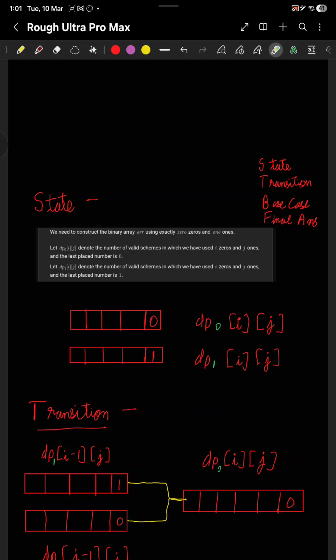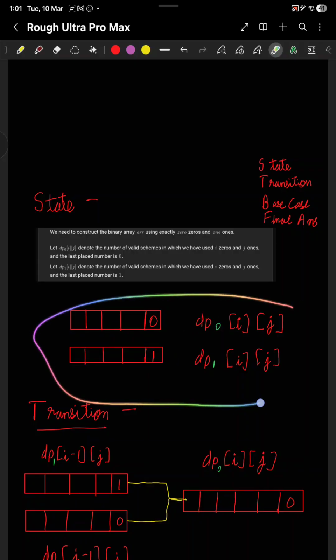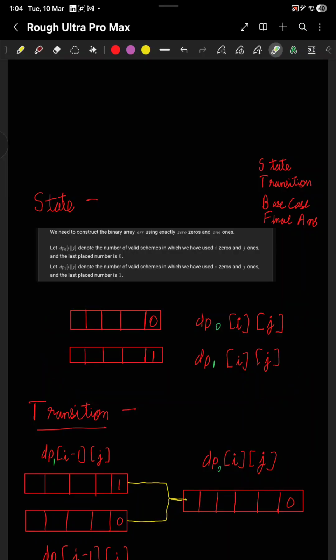So we store the valid subarrays for both cases. So dp of 0 means that we have all the subarrays which have i number of zeros and j number of ones, and those subarrays are ending with 0. And they're also satisfying the condition for valid arrays.